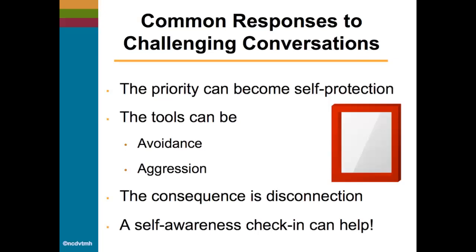And so what we're going to talk about for the rest of this conversation is exactly that: the consequence of the tools of avoidance and aggression being used in conversation is disconnection.